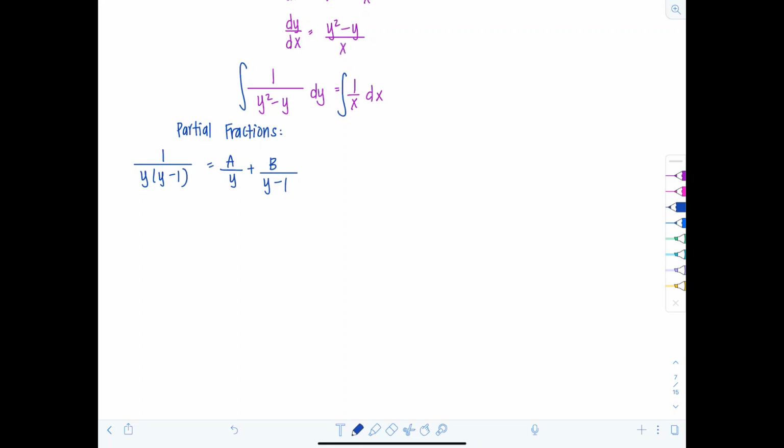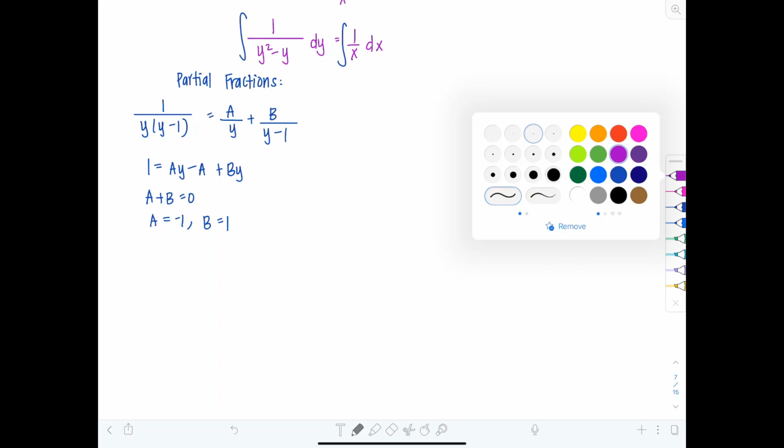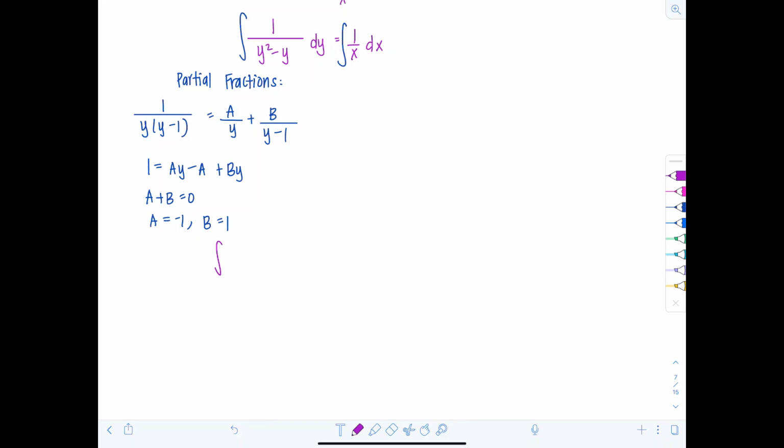Multiplying through by the LCD, I get 1 equals ay minus a plus by. Okay, so I can see here a plus b has to equal 0, and also a is negative 1, which means b is 1. And so now I can integrate. I'm going to have integral of a is negative 1, so this is going to be negative 1 over y plus 1 over y minus 1. That is the left-hand side.